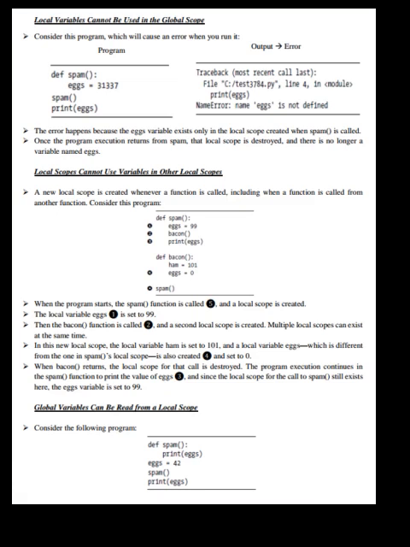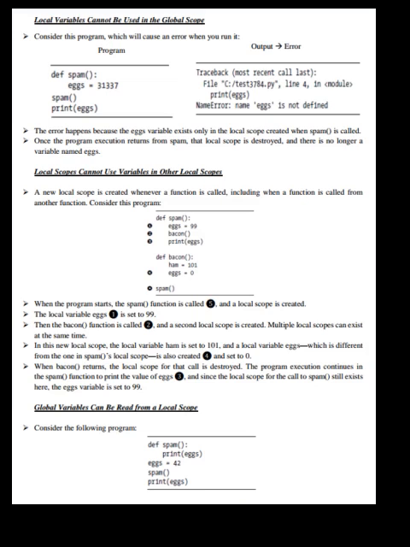A new local scope is created whenever a function is called, including when a function is called from another function. Consider this example. When the program starts, the spam function is called and the local scope is created. The local variable x is set to 99. Then the bacon function is called and a second local scope is created.